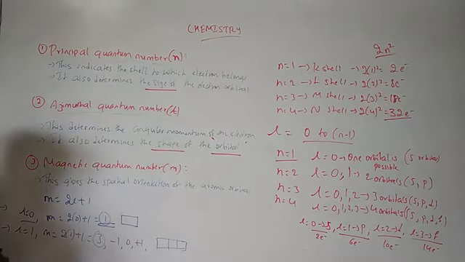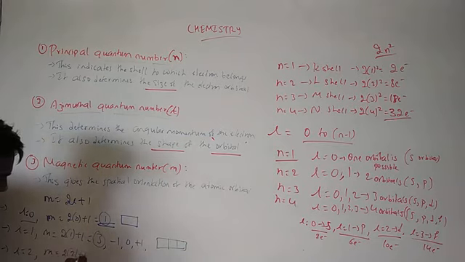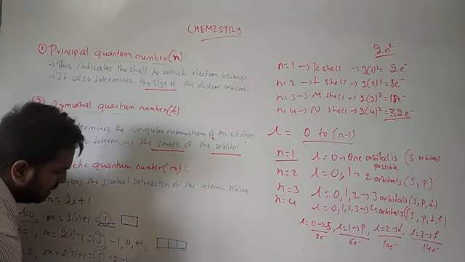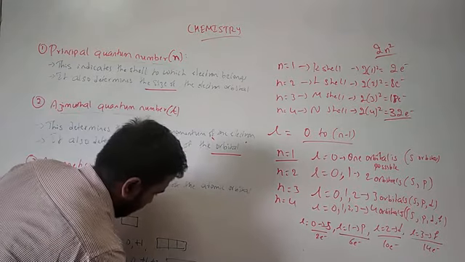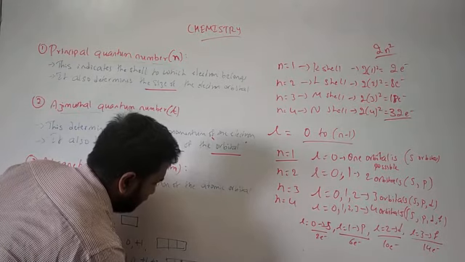And in case of D, L equals 2. M can have 5 values: -2, -1, 0, +1 and +2. So it can have 5 orientations.